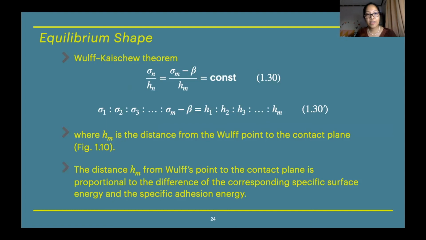So the distance h sub m from the Wulff's point to the contact plane is proportional to the difference of the corresponding specific surface energy and the specific adhesion energy. Sigma sub m minus beta is equal to h sub m times a constant.